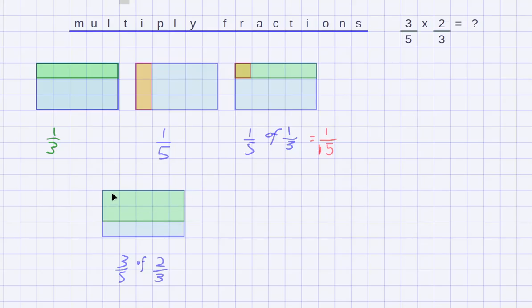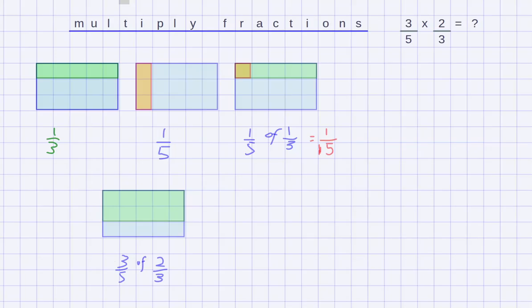If we take those two little boxes, that's 1/5. If we take those 2 columns, we get 2/5. If we take 3 columns of that 2/3 of that green area, we get what we want, which is 3/5 of that 2/3.